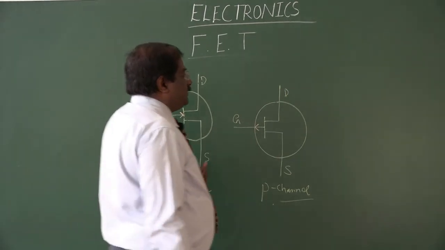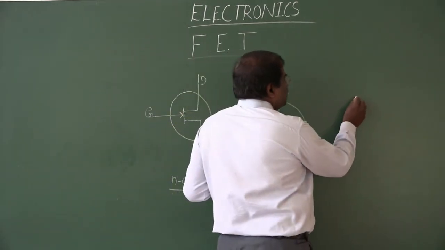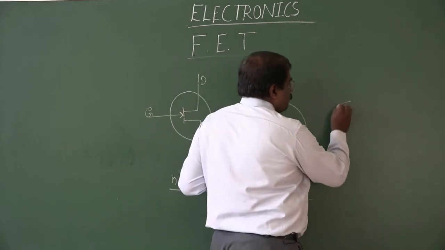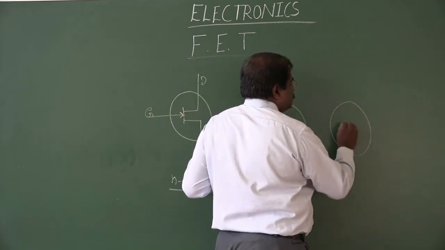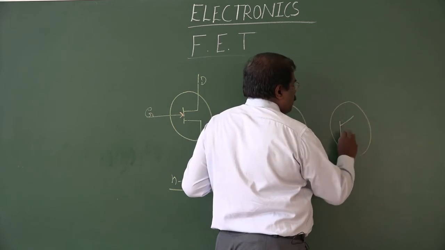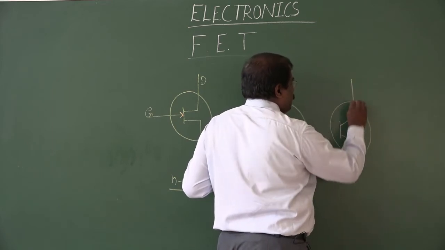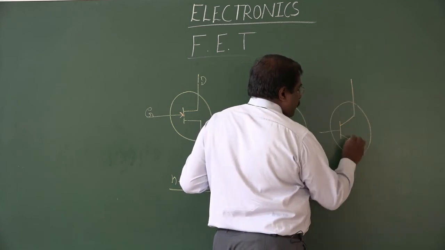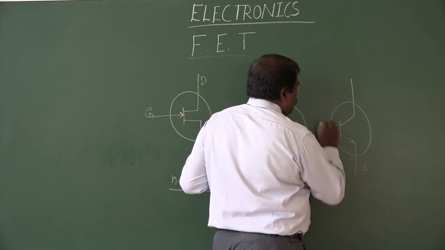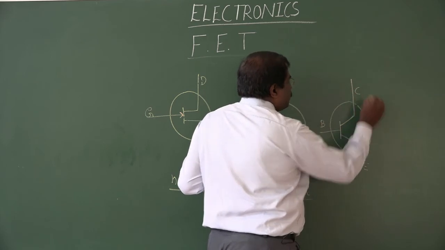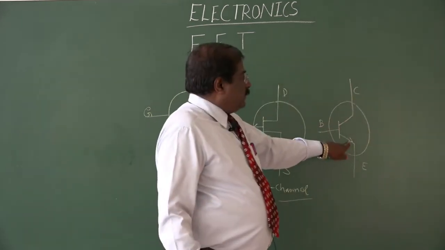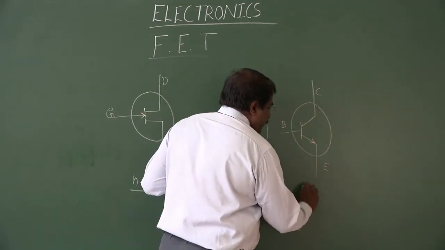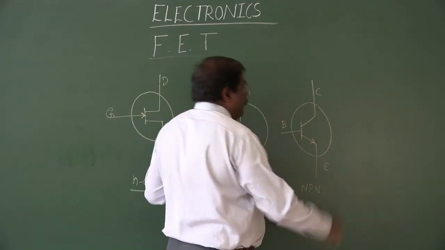In the same way, if you consider the bipolar junction transistor, emitter, base, collector. Here the arrow is pointing outward, so it is an NPN transistor.